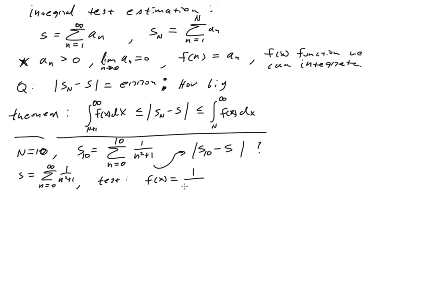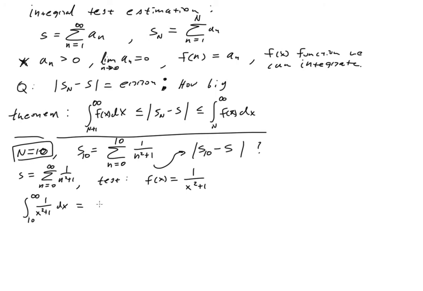And of course, the f of x is equal to 1 over x squared plus 1. Okay, and then I need to compute two things. So again, n is equal to 10 here. So I'm going to integrate starting from 10 and up to infinity of 1 over x squared plus 1 dx.